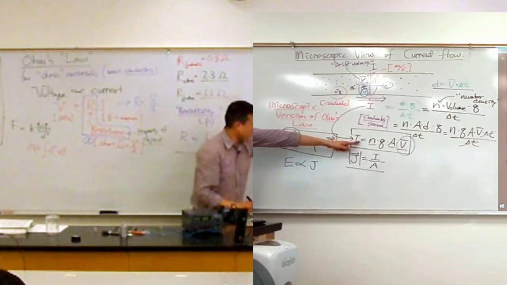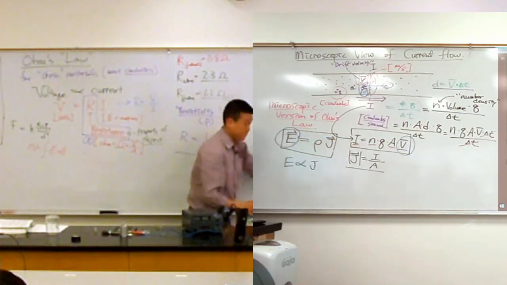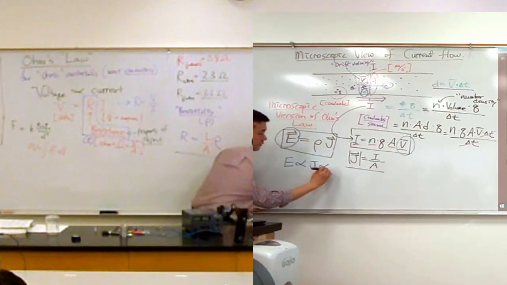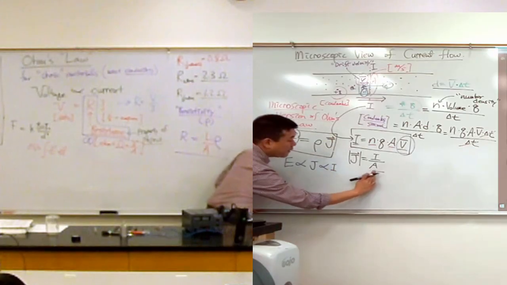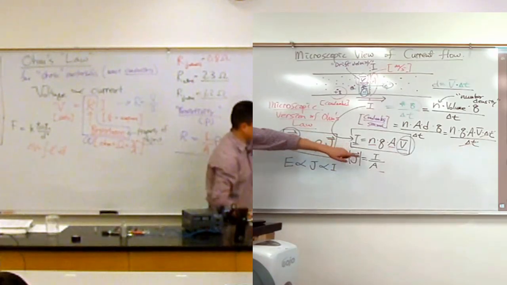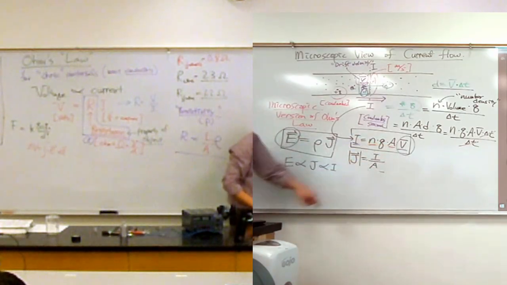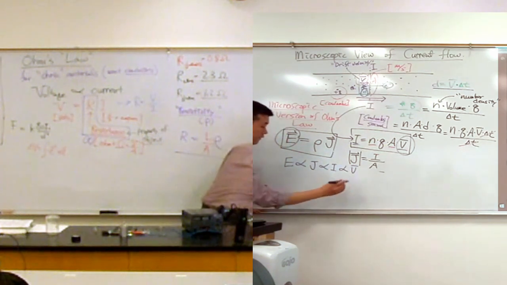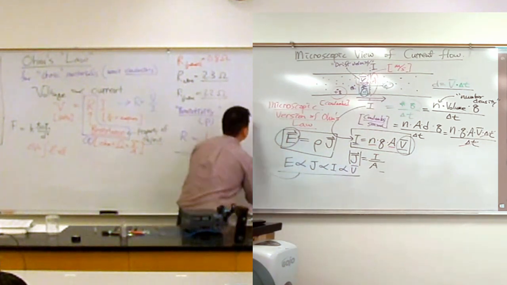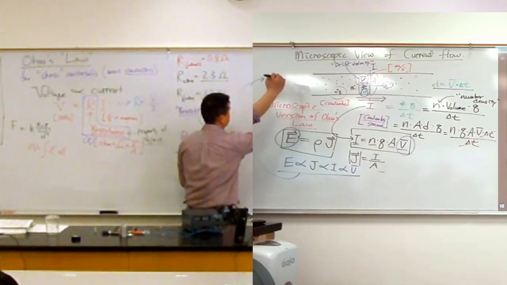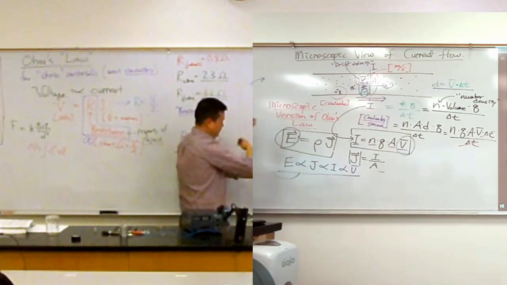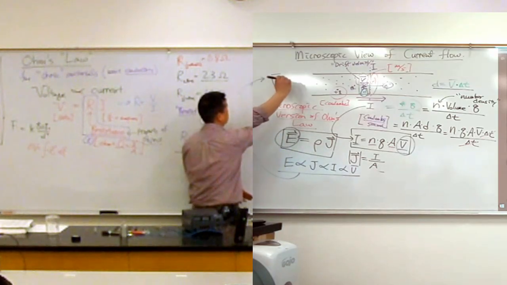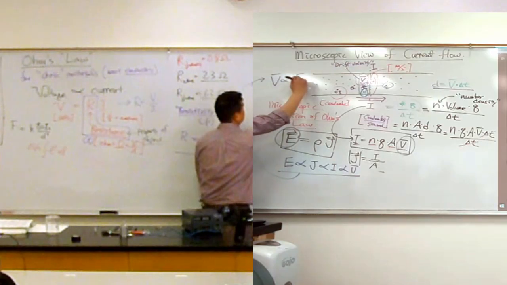Current density is proportional to the current itself, holding area constant. And current is proportional to the drift velocity. So connecting all of this together, let me flip it around: drift velocity is proportional to electric field.